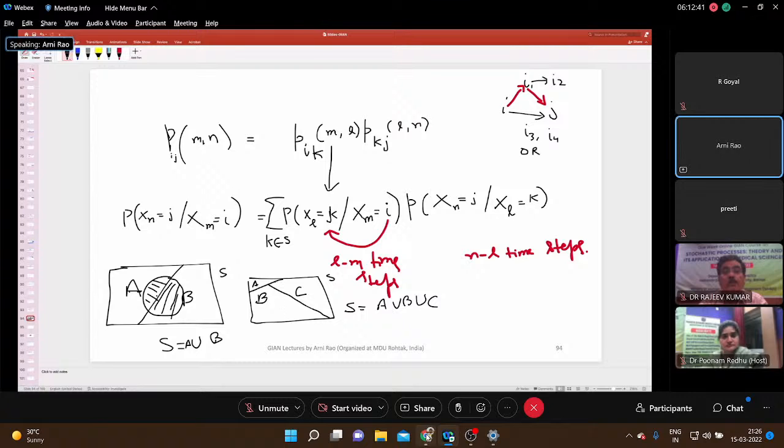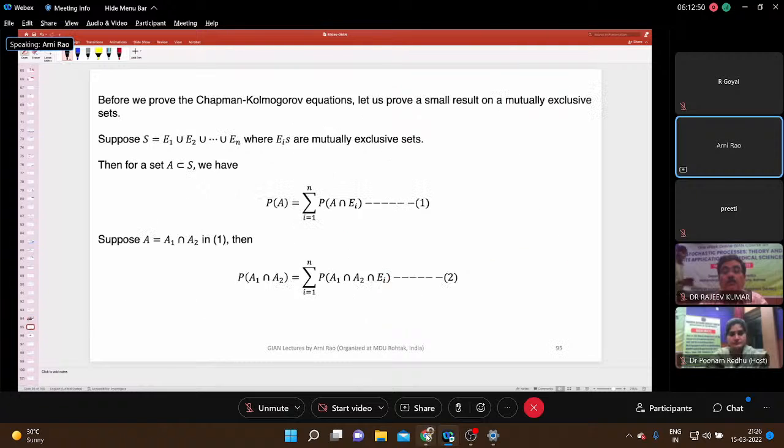Now if you take another circle or some arbitrary shape, that has A, B, C. That's what it means. So that result comes from the probability.